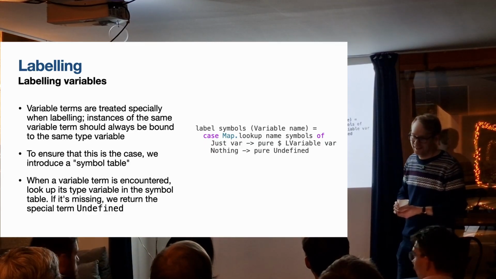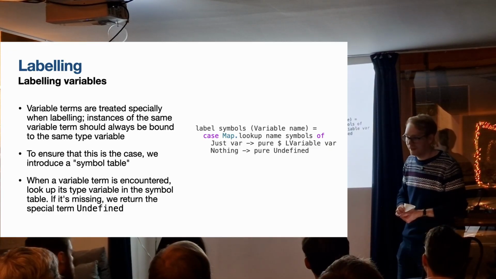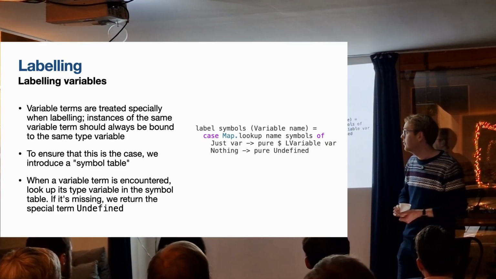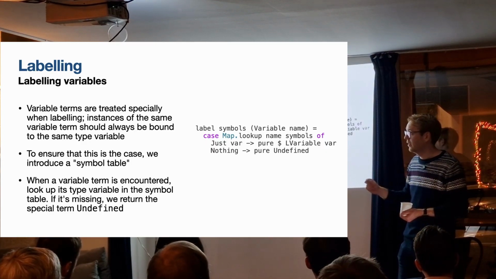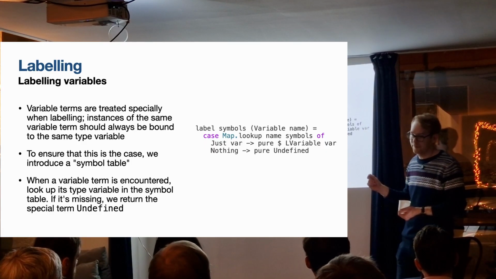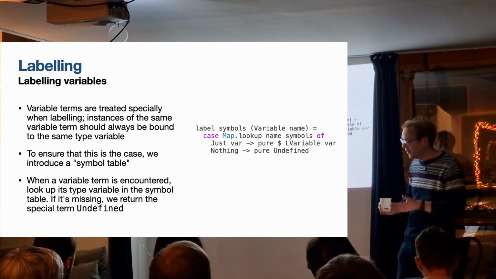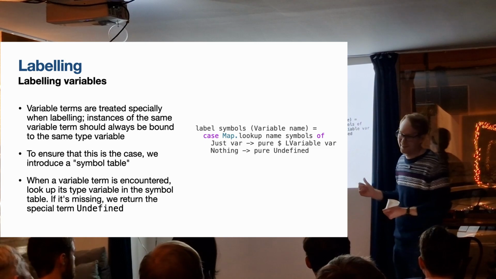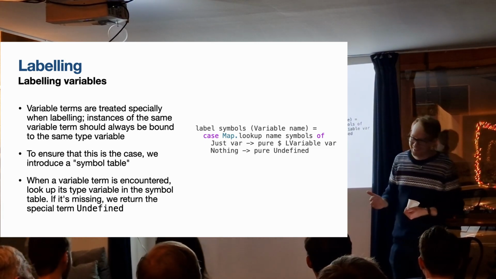I think in standard lambda calculus, it's okay to shadow. Like you can have a lambda from x to x. You could shadow here as well, but then it has to have the same type. So yeah, depends on how you want it to be. I guess you could call it either a bug or a feature.